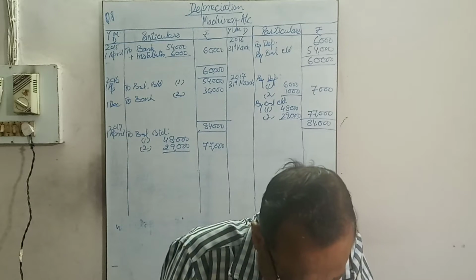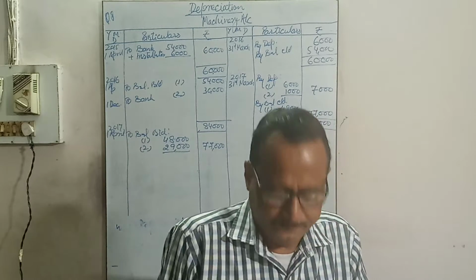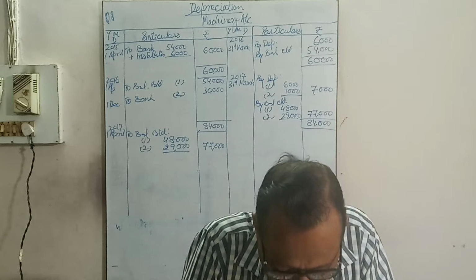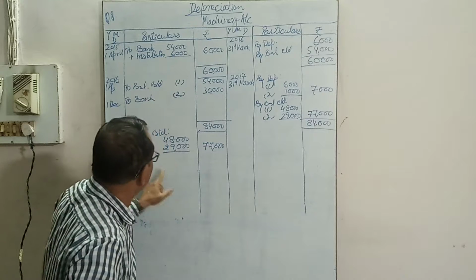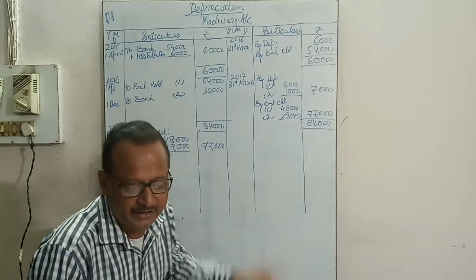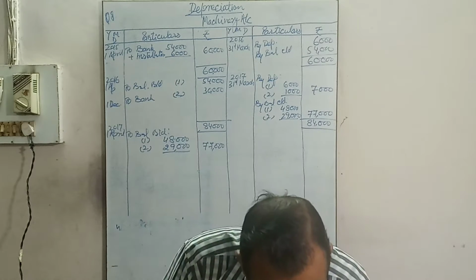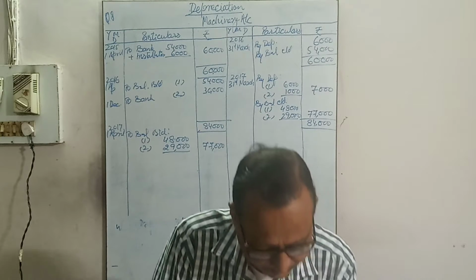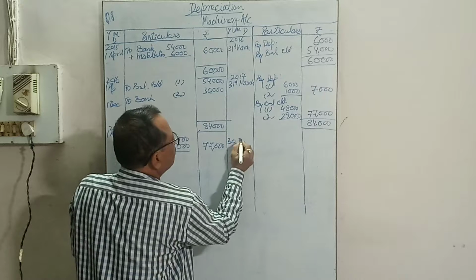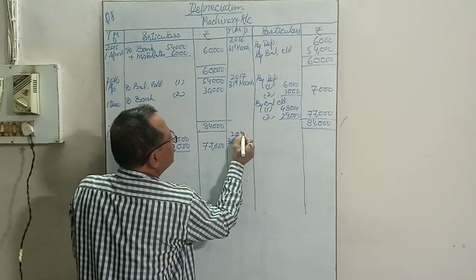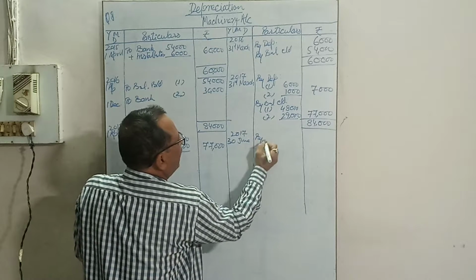Then on 30th June 2017, the first machine purchased on 1st April 2015 has been sold for rupees 36,000. 30th June 2017, by bank.